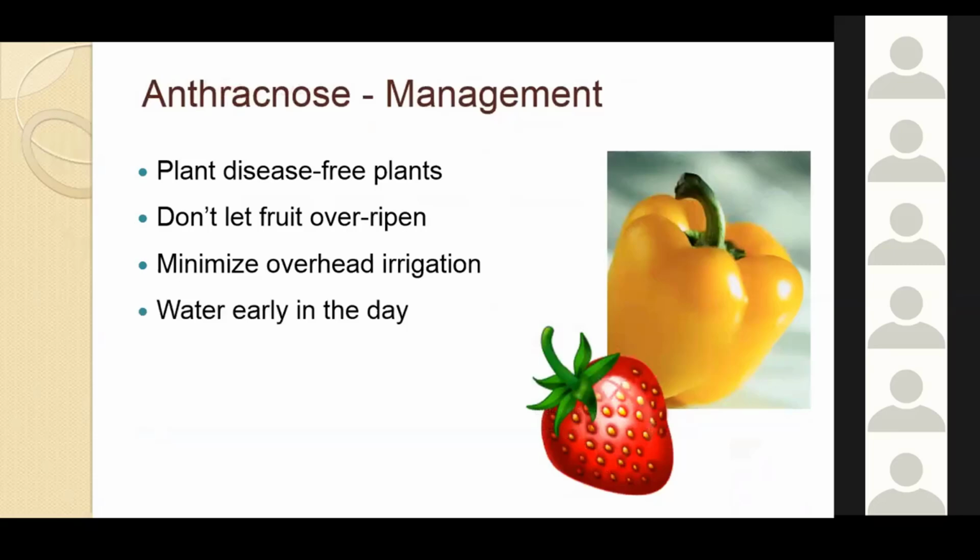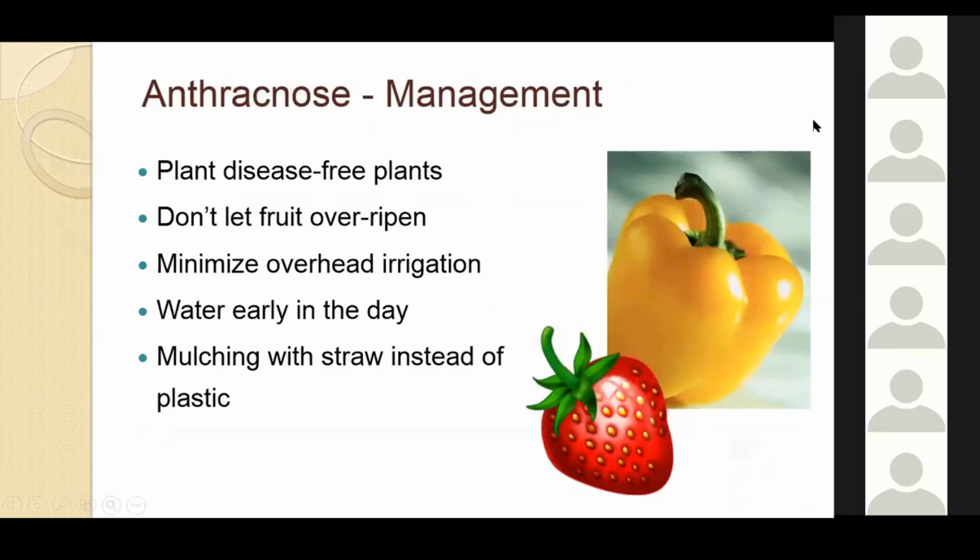Similar to that, you'll want to water early in the day. If you water early in the day, you now have all day to let the sun bake off a lot of the moisture that's going to be on the leaves. Without that period of leaf wetness, you're not going to have near as much infection.